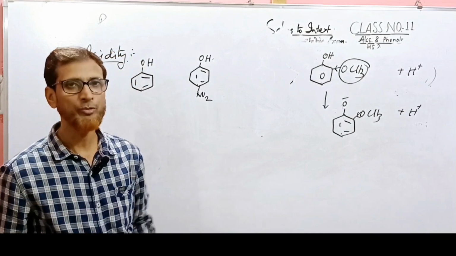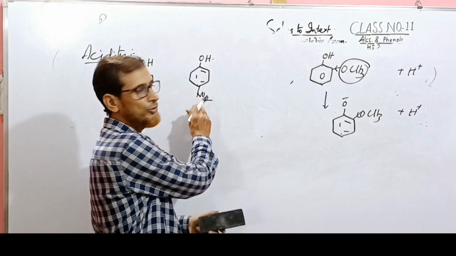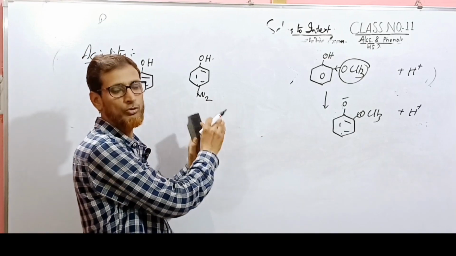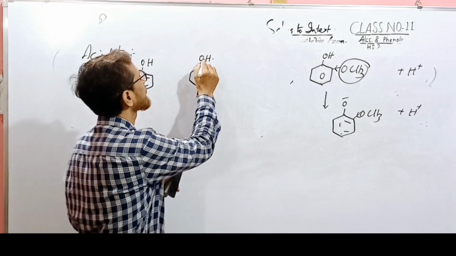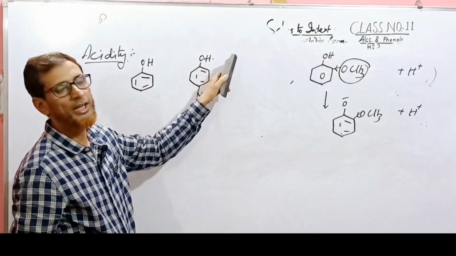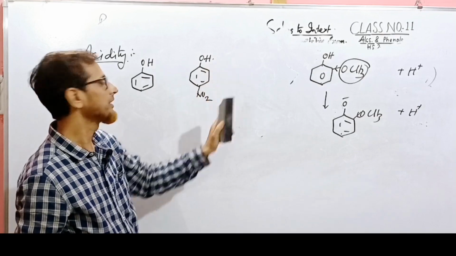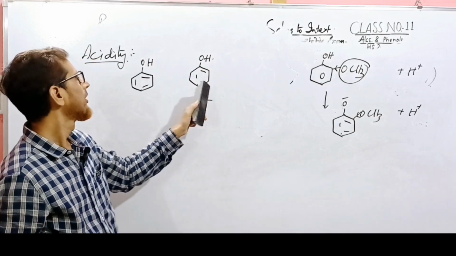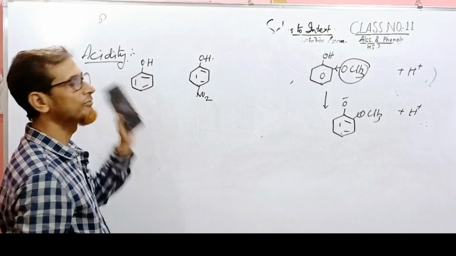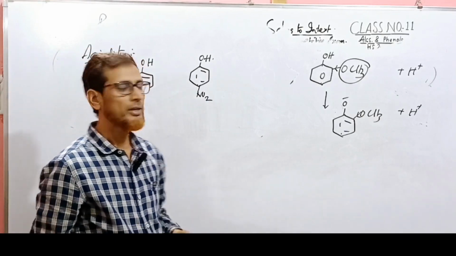A bit earlier I told you that the nitro group is electron withdrawing, and due to the electron withdrawing effect of the NO2 group, the O-H bond becomes weaker, and release of H positive as a proton is facilitated in the presence of the NO2 group. Therefore ortho or para nitrophenol is more acidic than phenol, and you are satisfied with my reply.